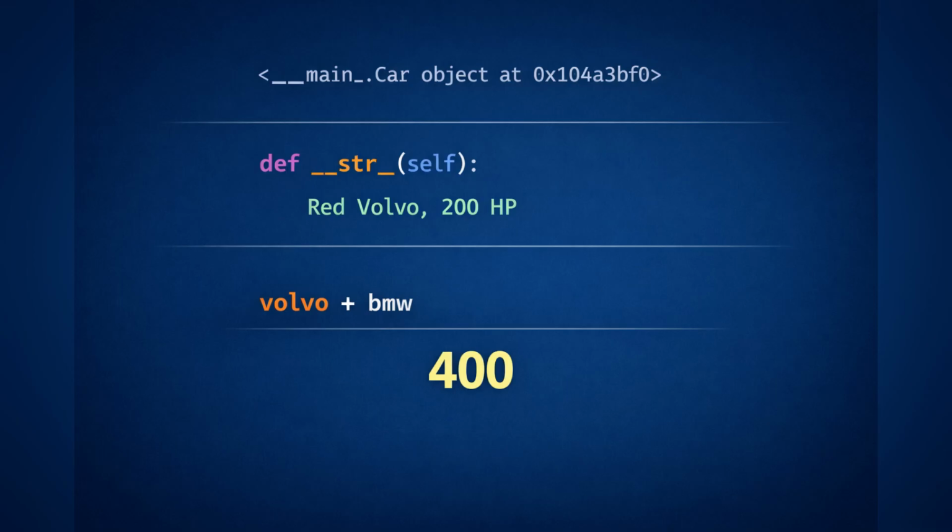Even more powerful, dunder methods allow you to define how operators work with your objects. For example, you can define what it means to add two objects together using the plus operator. This gives you complete control over how your custom objects behave in Python expressions. In short, dunder methods allow your classes to integrate seamlessly into Python's built-in behavior system.